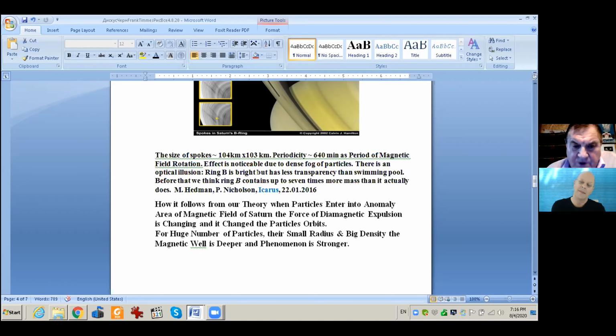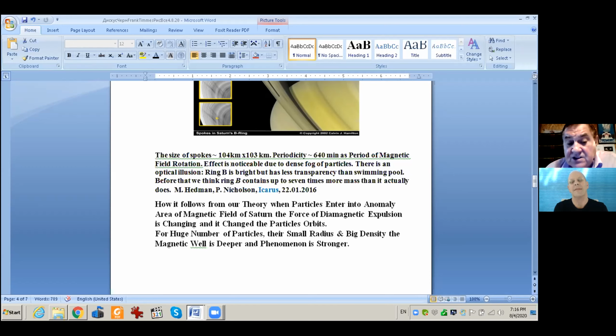Matthew Hedman and Philip Nicholson made a discovery. They found that looking at ring B optically is an optical illusion, because ring B is bright, then there's transparency, like a swimming pool. Before that, we thought that ring B contained 7 times more mass than it actually does.